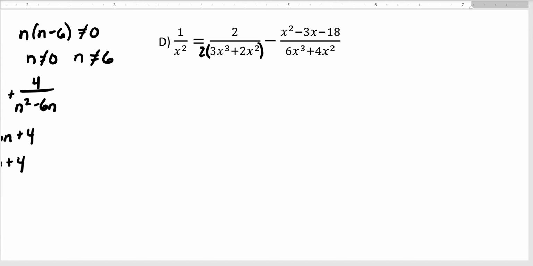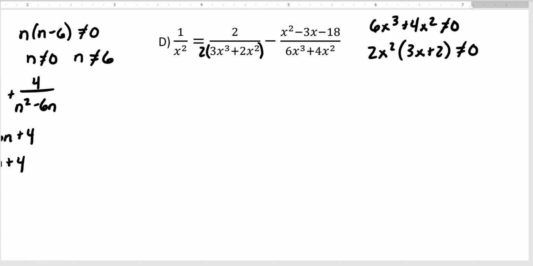So I'm going to have 6x to the third plus 4x squared cannot equal 0. Factor that out. I can factor out a 2x squared, and I'd be left with 3x plus 2 cannot equal 0. So that's to say x cannot equal 0 from the 2x squared, and x cannot equal negative 2/3 from the 3x plus 2. All right, there's my excluded values.